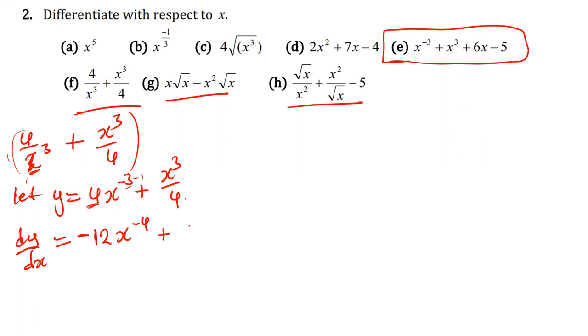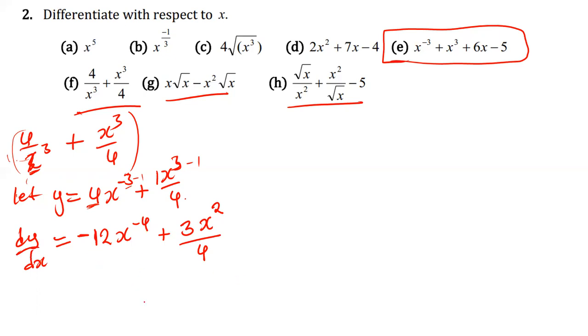Then plus, we have this 3 times the 1 in front of x here. We're going to get 3. Then we have x, 3 minus 1, we're getting 2, and this is being divided by 4.